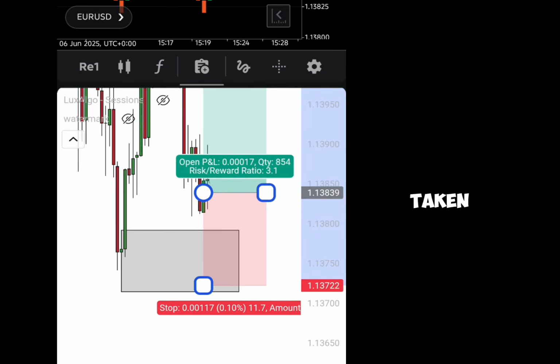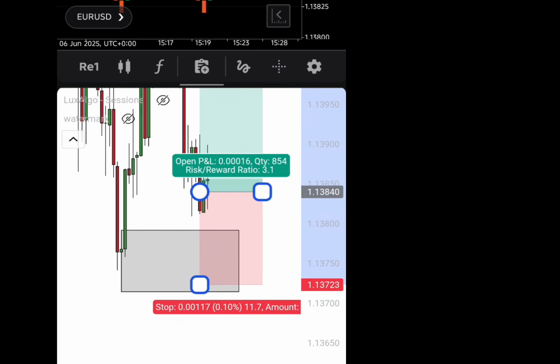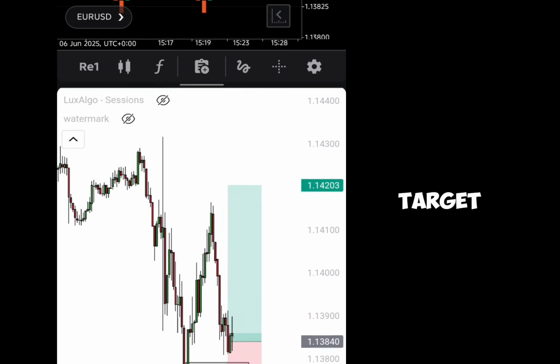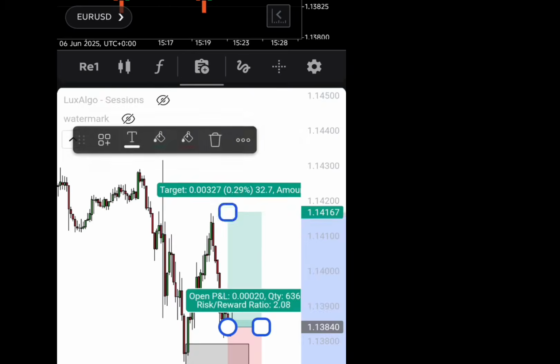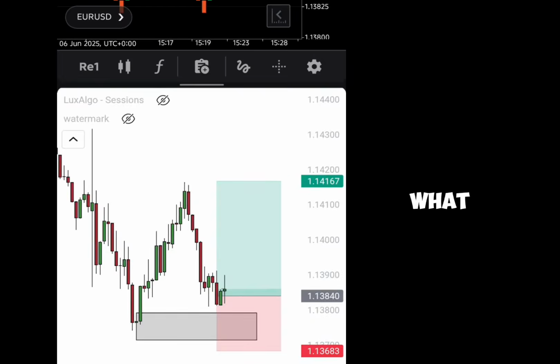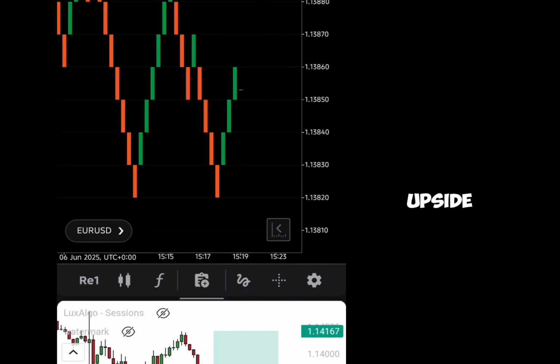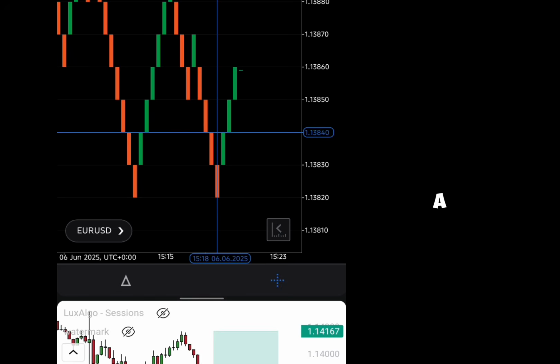So you would have taken a trade right there, and then your stop loss is going to be below, and then you want to target the high right there. So this is exactly what it's going to look like. Meanwhile, on the cTrader, this is already moving to the upside. So your entry would have been here, and then you can have a stop loss that is quite tight.